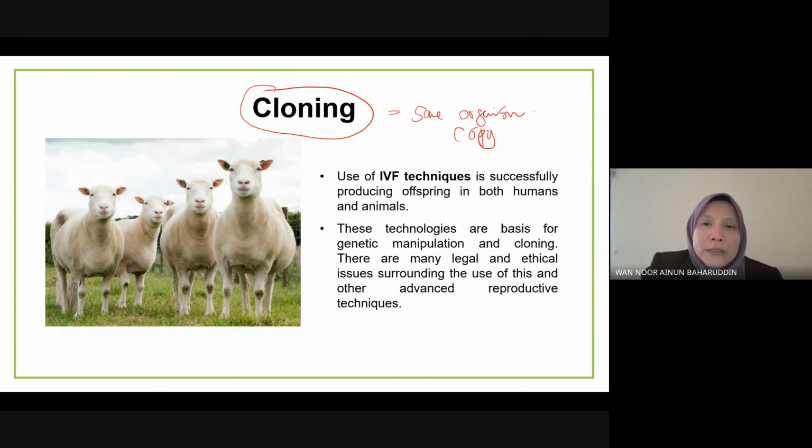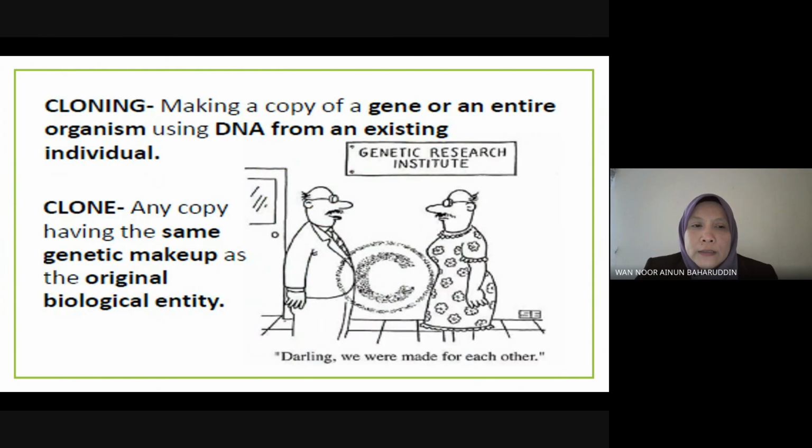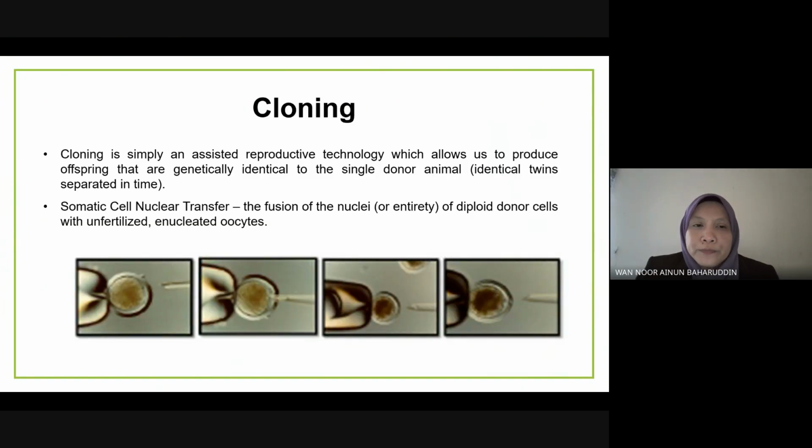The same copy is what we call cloning. But there are many legal and ethical issues surrounding its use, in spite of these advanced reproductive techniques. We copy the same genetic makeup as the original biological identity. This is what we call cloning, which allows producing offspring that are genetically identical to a single donor animal.